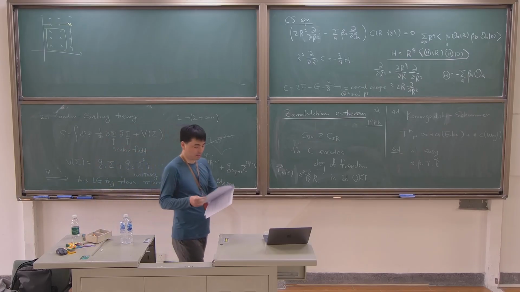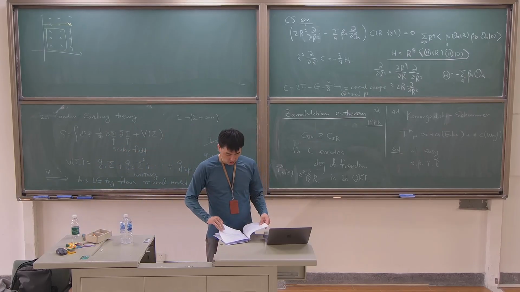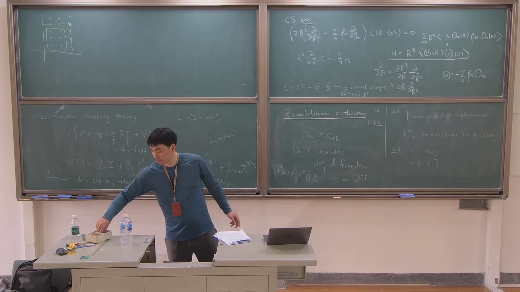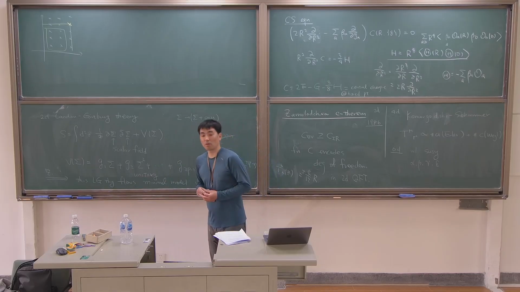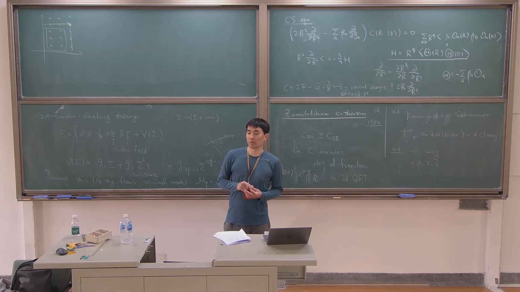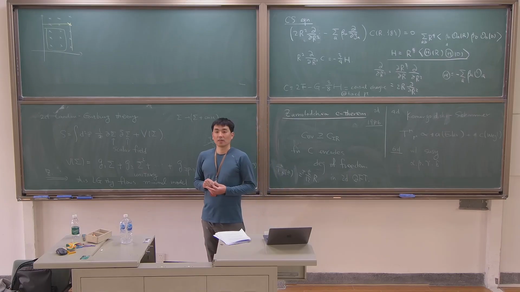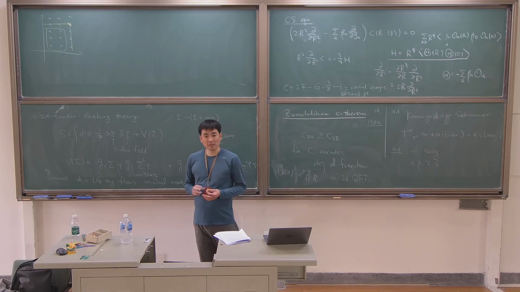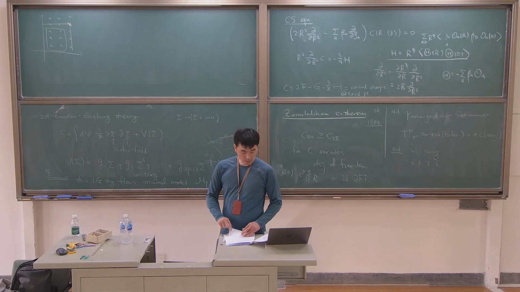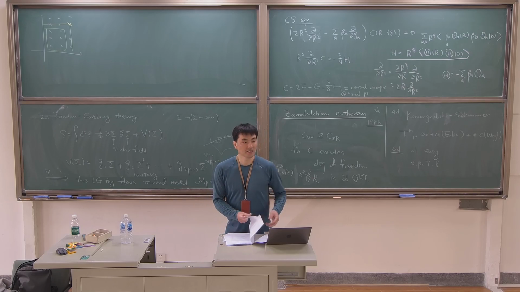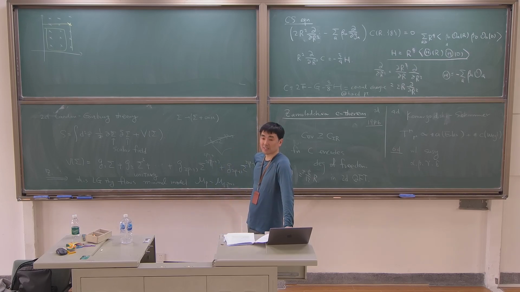So my plan is to talk about this RG flow next time. After that, we are going to move to higher dimensional conformal field theory. That was my plan. But do you have any request? Do you want to continue to learn 2D theory? That's also fine. If you have any comments or suggestions, please send whatever, WeChat message, email, whatever is okay.